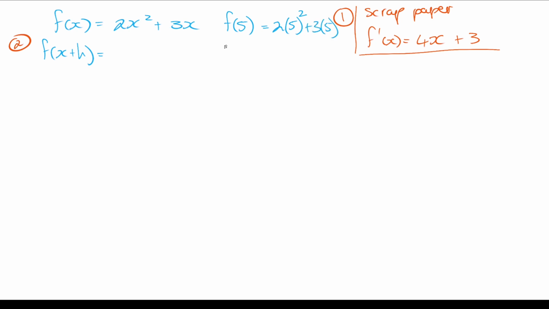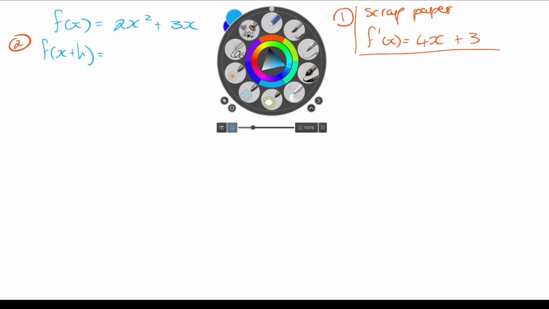Or if they said f of t, everywhere I used to have an x, I now will have a t. So it would be 2t squared plus 3t. I'm telling you this because sometimes in the papers it's useful to know what they mean by this notation.